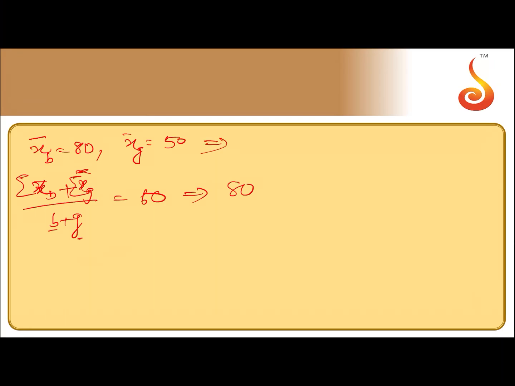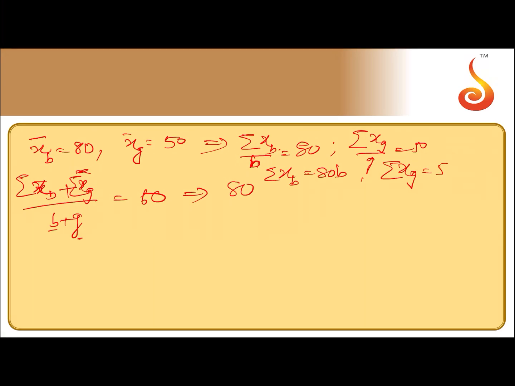From here, we can say that sigma xb divided by b, where b indicates the number of boys, is equal to 80. At the same time, sigma xg divided by g is equal to 50. So sigma xb is equal to 80b, and sigma xg is equal to 50 times g, the number of girls.